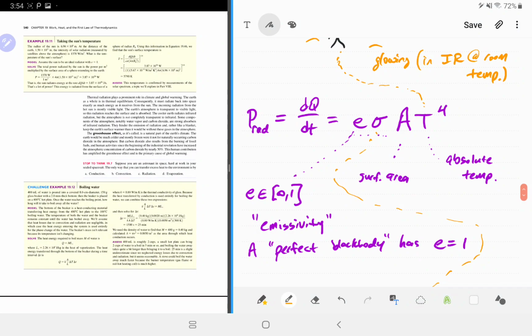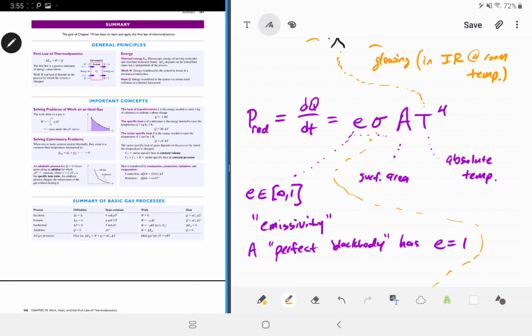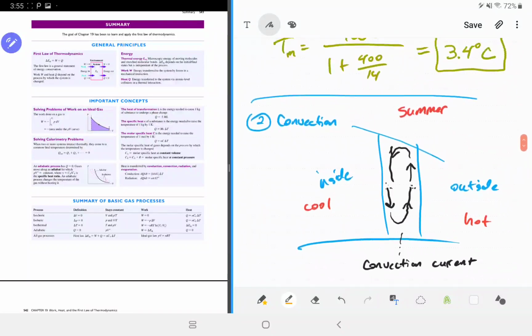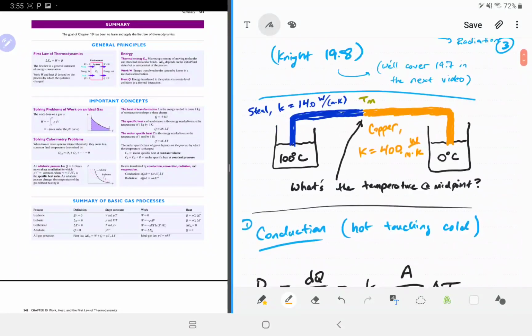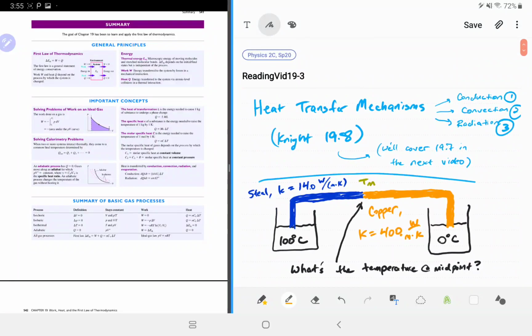So water has a high specific heat. It's able to carry away energy pretty effectively. So evaporation and just warming up the water in your body. Yeah, that's it. Those are the 3 heat transfer mechanisms: radiation, convection, and conduction, and the 2 formulas you need to know associated with it.